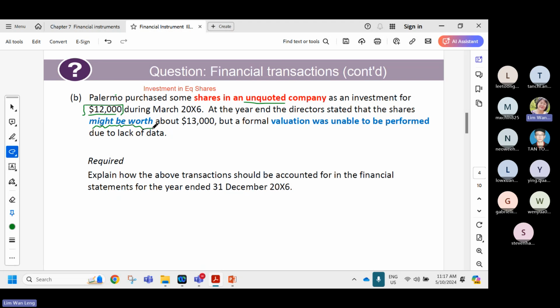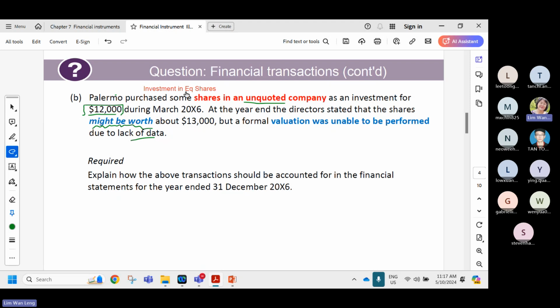But a formal valuation was unable to be performed because of lack of data. Of course, cannot verify, because the shares of these unquoted companies will not be bought and sold in the open market, right? Maybe it has not been sold before. So there is no data to be collected. So the question is, how should you account for the financial instrument in the books?